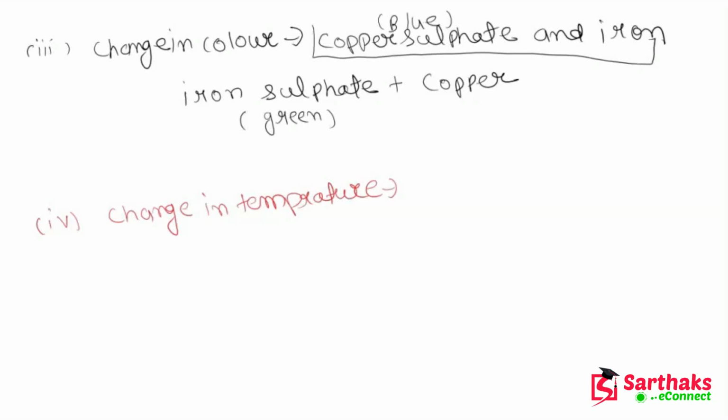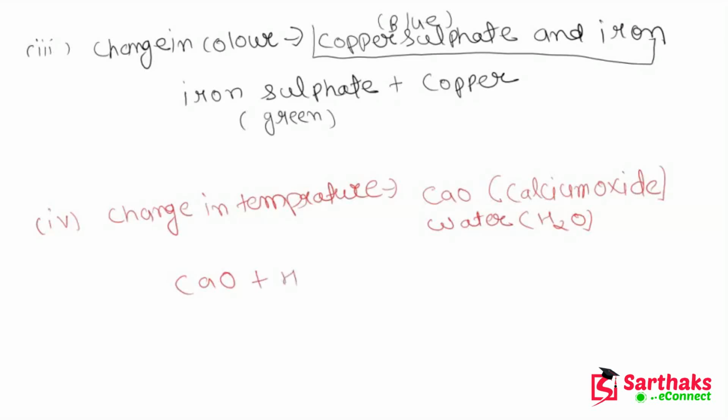So let me write this equation for you. The formula of quicklime is CaO, which is also known as calcium oxide. When this quicklime reacts with water, whose chemical formula is H2O, it will give us calcium hydroxide.